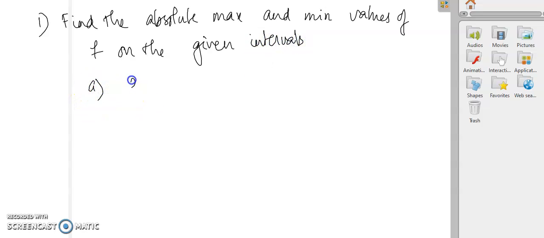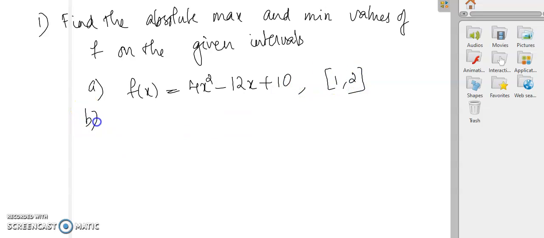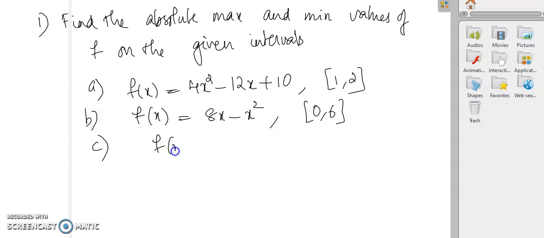The first one is f(x) = 4x² − 12x + 10 on the interval starting at 1. Then f(x) = 8x − x² over the interval [0, 6], and f(x) = sin x − cos x in the interval 0 to 5.